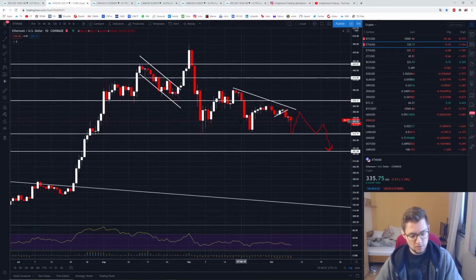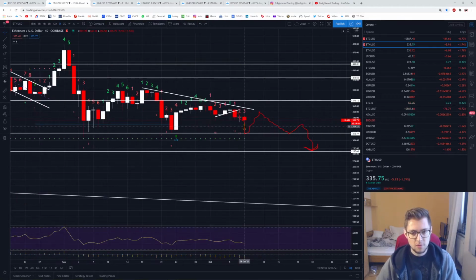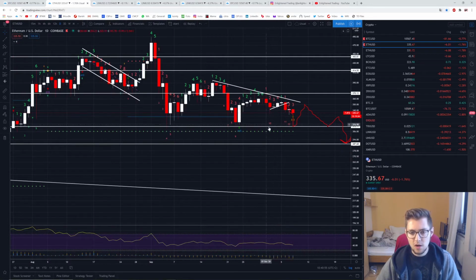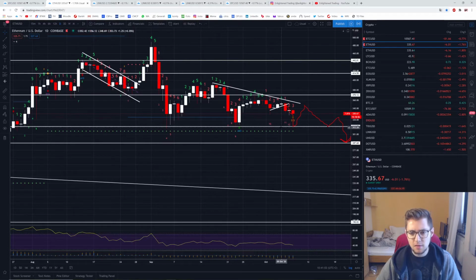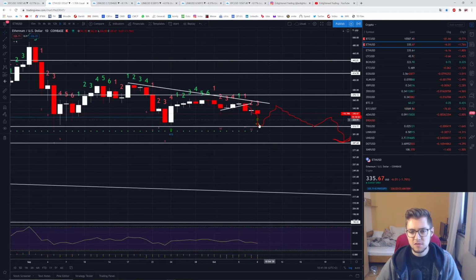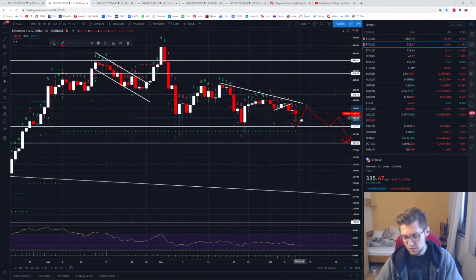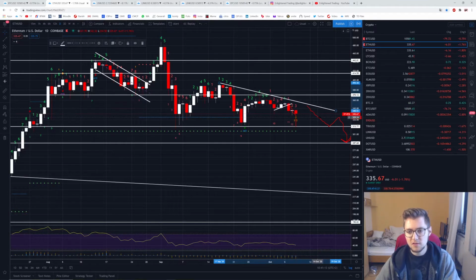Okay, so Ethereum is still playing out as expected for now. We are now getting close again to resistance around $315 to approximately $310. So this is a pretty important resistance zone, and we can of course extend this trend line.